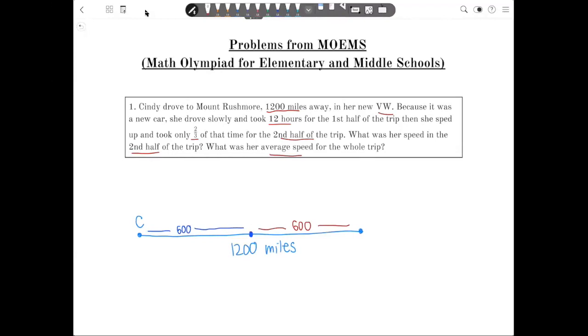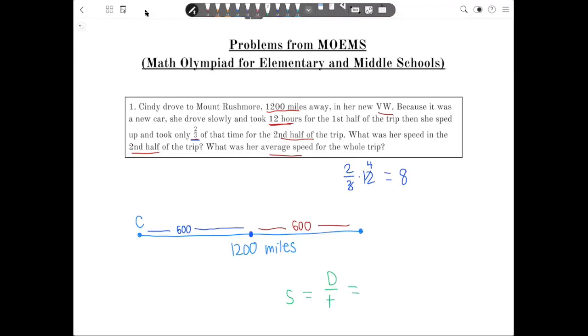Okay, so it says that she took 12 hours for the first half of the trip, and then she took only 2/3 of that for the second half. So she took 2/3 times 12, which is 8 hours for the second half of the trip. What was her speed? Well, again, speed is distance divided by time.